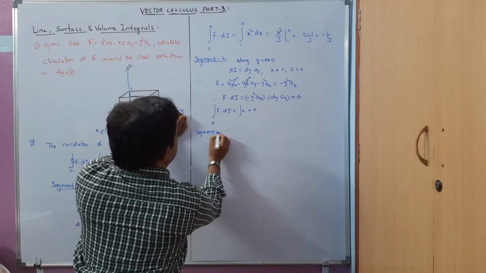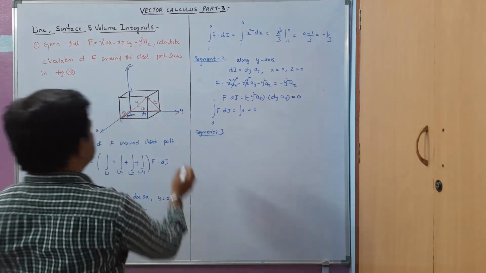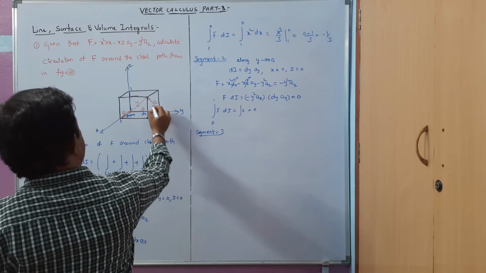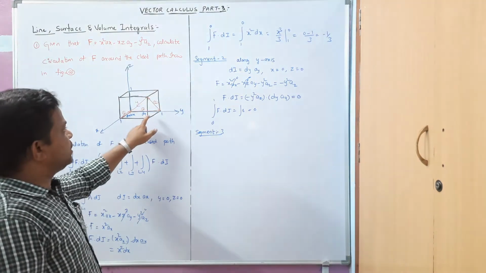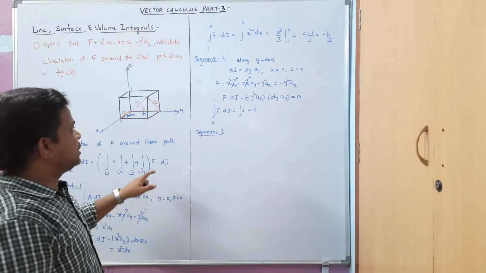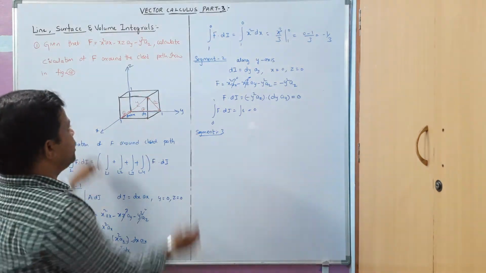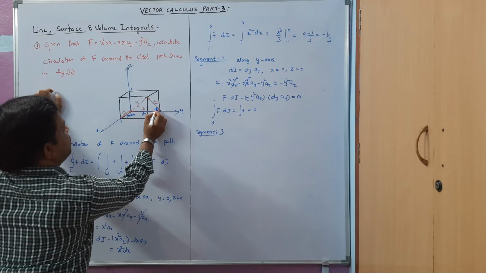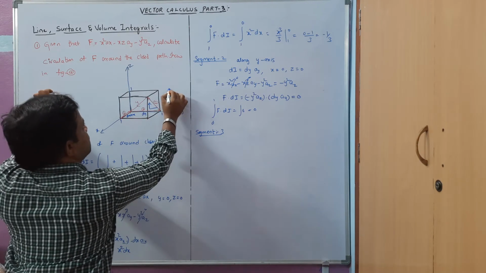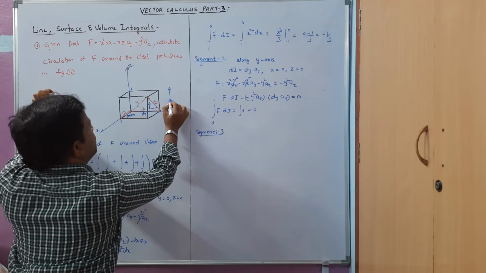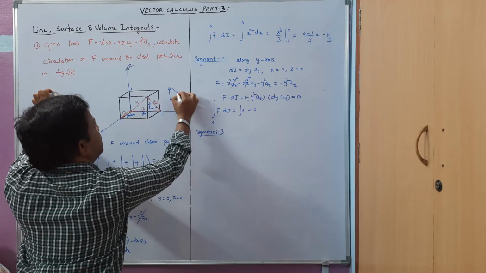Segment 3, it is starting from this point to this point. Now it is not either on the x axis or on the z axis. Okay, it is having the component along two. So it is having like this as well as like this. Okay, so it is resolved into two components like this, and the resultant is like this.